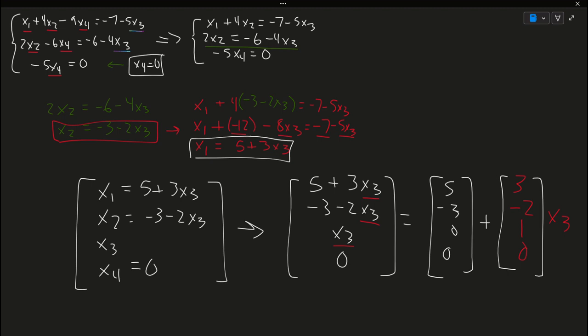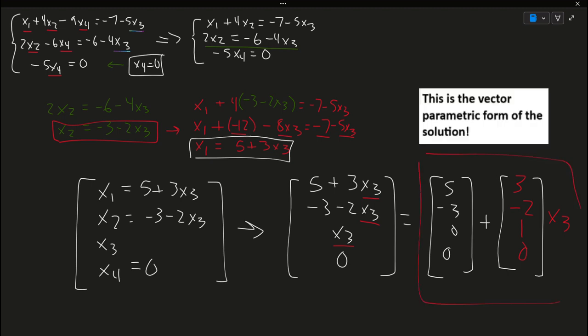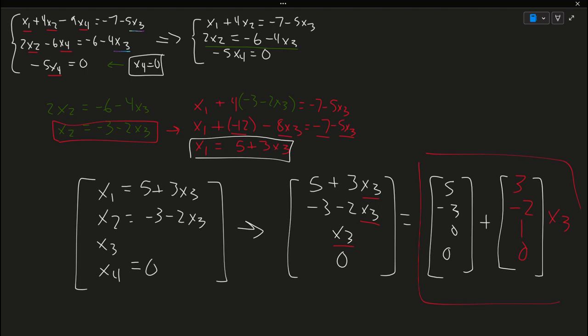And now we have the general solution for this set of equations, where you can put any number for x3 and it will give you a valid solution to the set of equations. No matter what x3 you pick, it will always give you a set of values that will satisfy the set of equations.